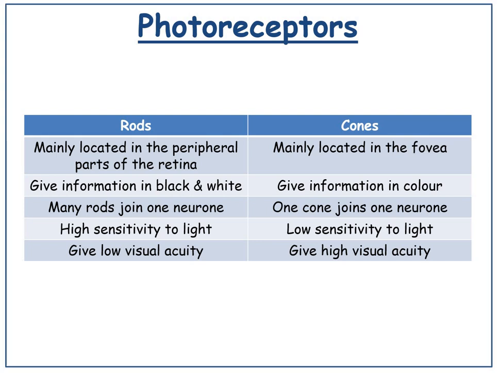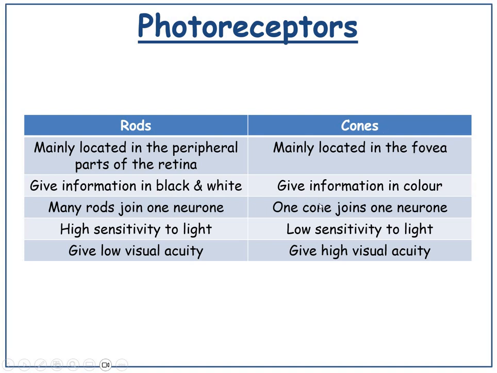So a little summary table here. Rods are mainly located in the peripheral parts of the retina, whereas cones are located in the fovea. Rods give information in black and white, whereas cones give information in colour. For rods, many rods join one neuron. There's convergence.